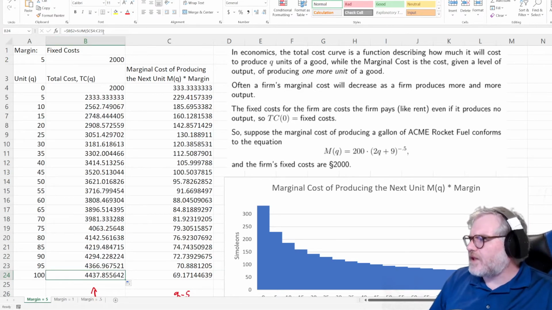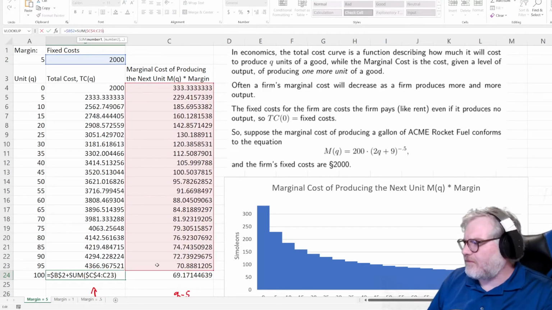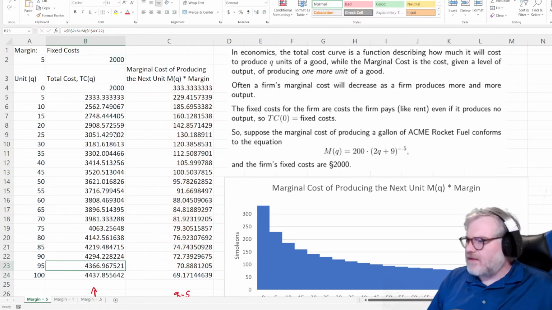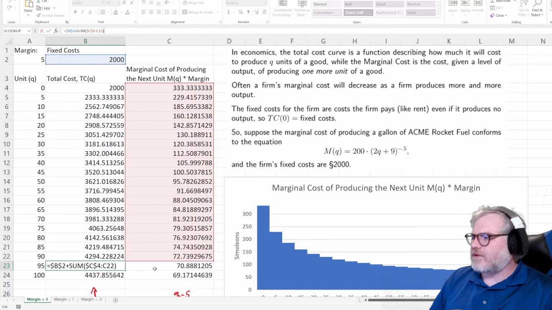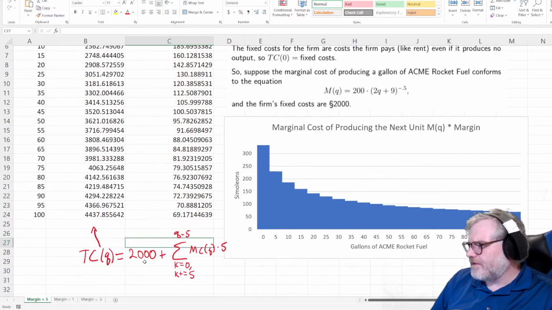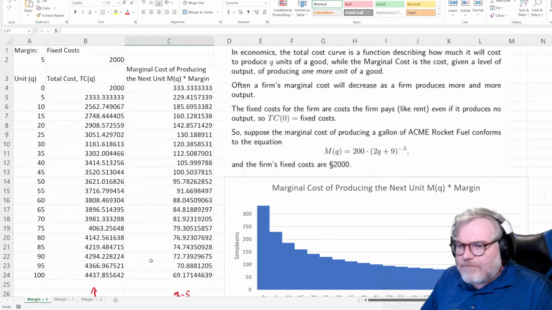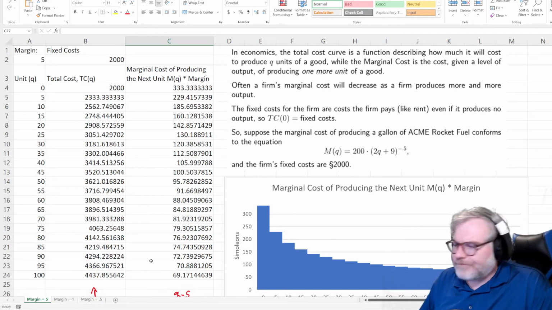So this formula right here represents taking 2,000 and adding up all the marginal costs that came before. Likewise, this formula right here is that 2,000 plus all the marginal costs that came before. Well, if I add those up, it looks a bit like a Riemann sum, doesn't it?